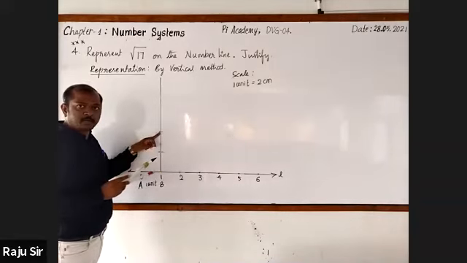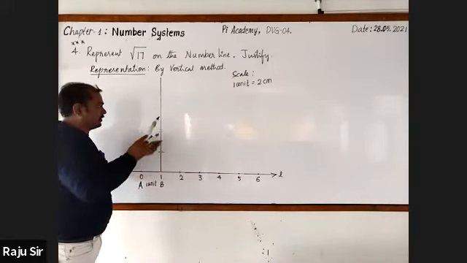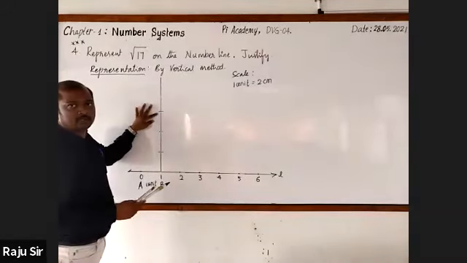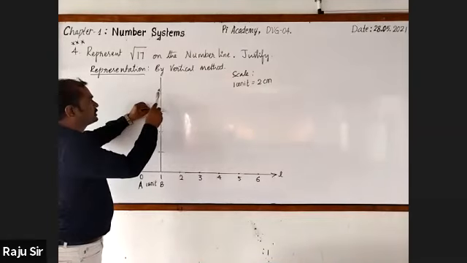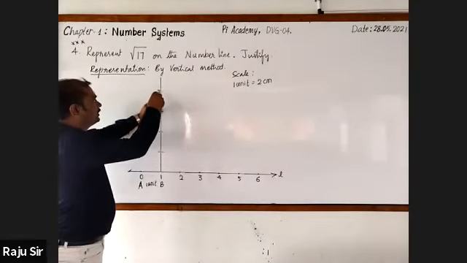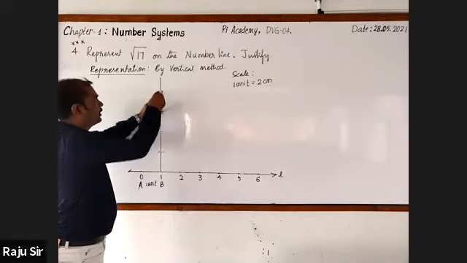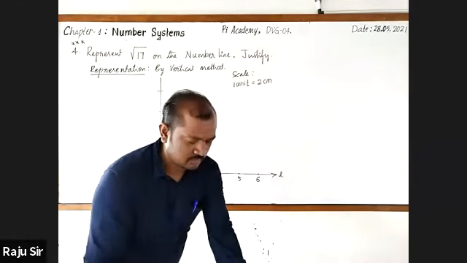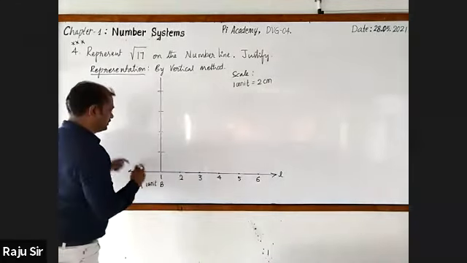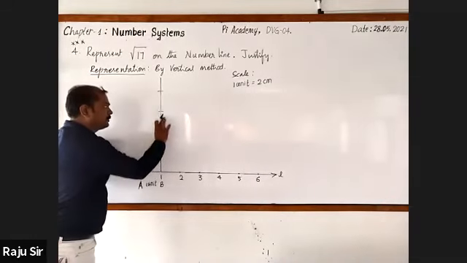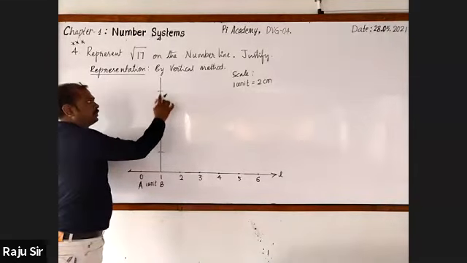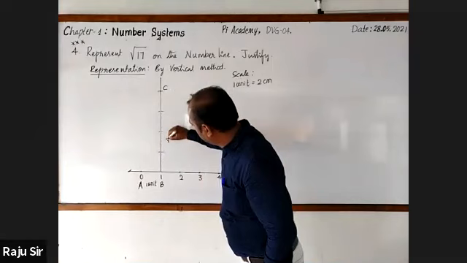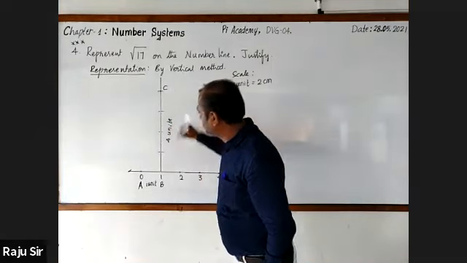Next, from this point, draw the third arc. 3 units are over. Next, without changing the radius, from this point, draw 1 more. Now you may count the total: 1 plus 1 plus 1 plus 1, total 4 units. So mark this point as C.